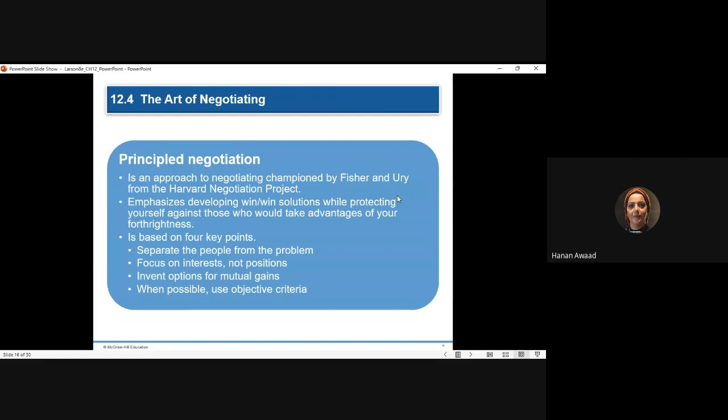I'm not going to talk much about the negotiation. Actually, we need a whole course on negotiation. But there are some key points to keep in mind. Focus on the problem or the issue. Don't focus on the people.